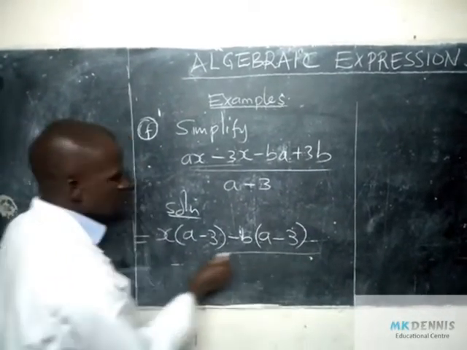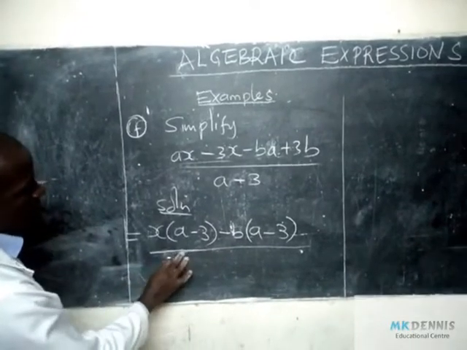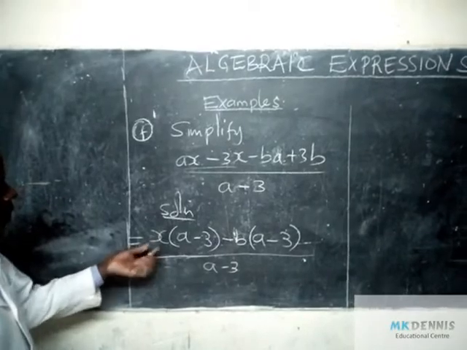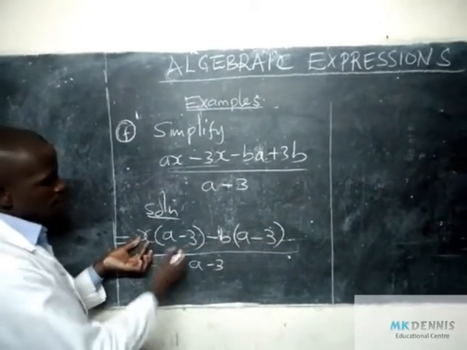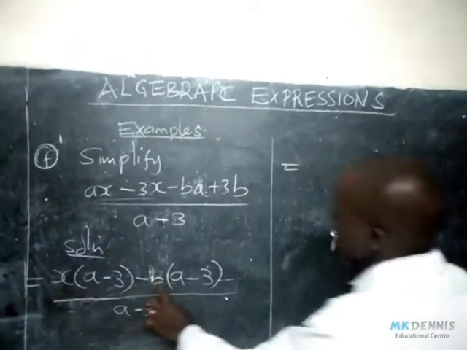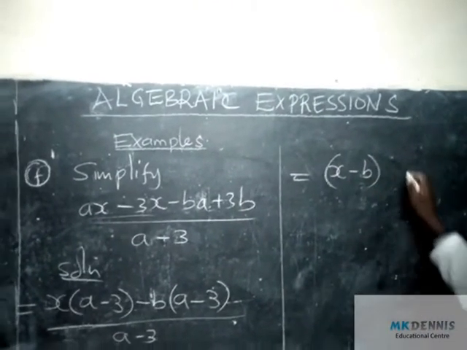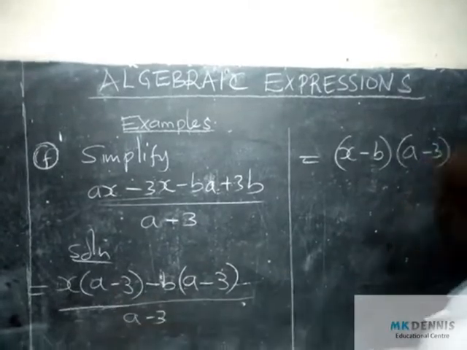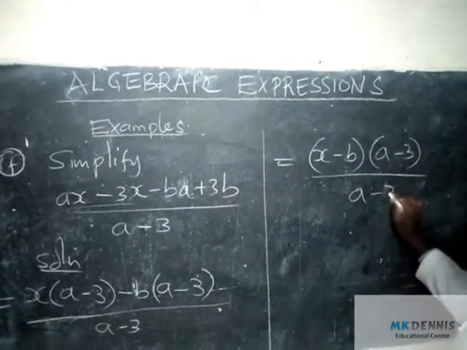Now this one we are dividing by a minus 3. We pick this and this, and since this one and this one are common, we pick one of them. So this is x minus b, times a minus 3, then divided by a minus 3.